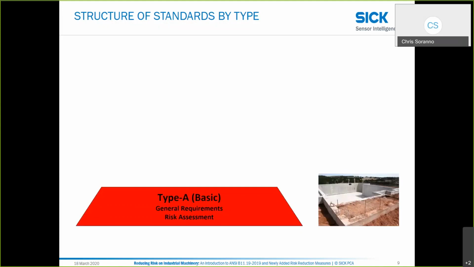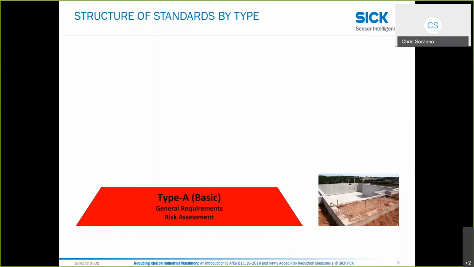There's a structure that was, I think, first developed by ISO. It's been adopted within the B11 family as well, where we have a stratification of standards. At the foundation, we have Type A standards. I consider this kind of bread and butter, or safety 101, the real generic, general stuff you need to know to build the foundation of safety on.